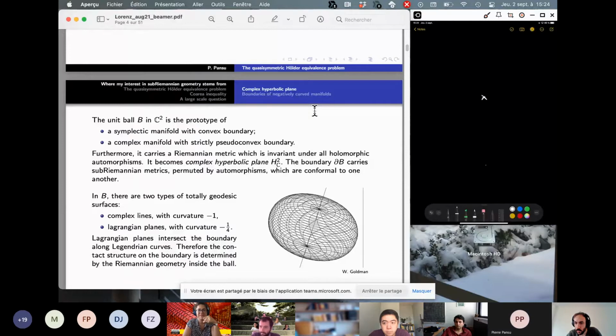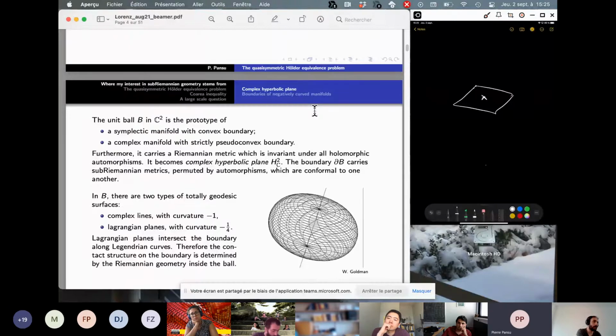Okay, no problem. So let me draw. Here is this point, which I think of as the end point of the geodesic, and through that point there is a plane, the contact plane. And now let me draw the boundary of a Lagrangian plane.